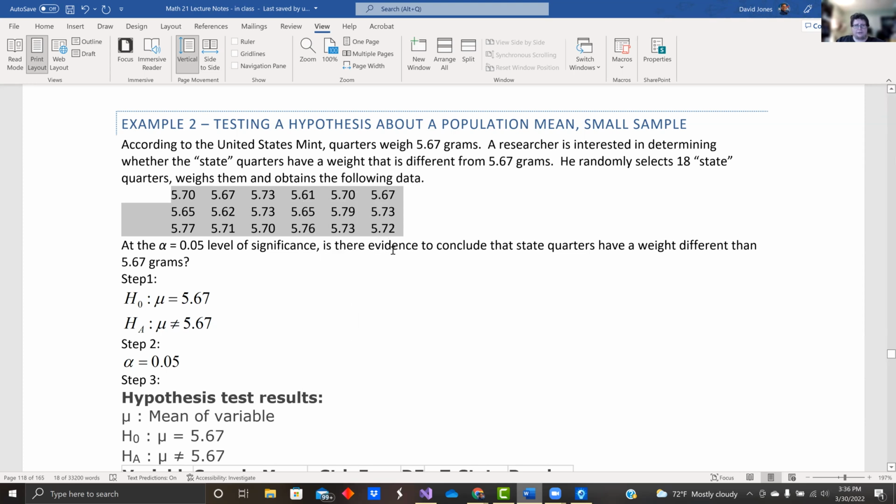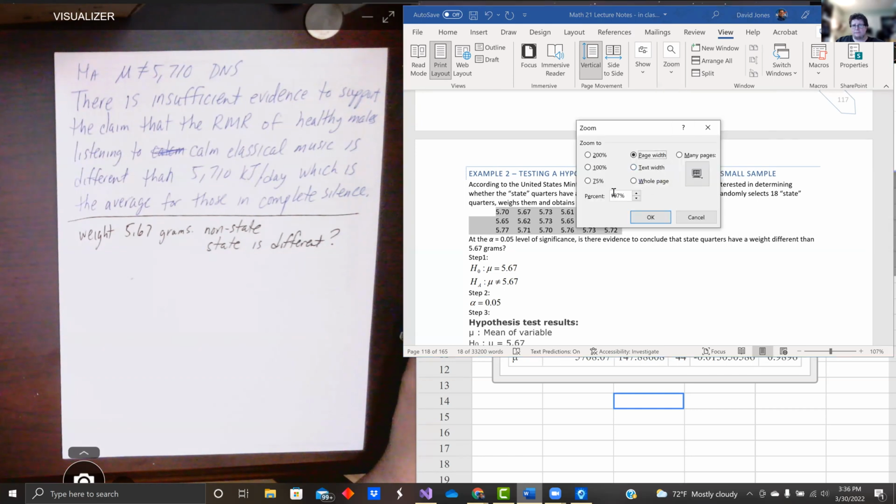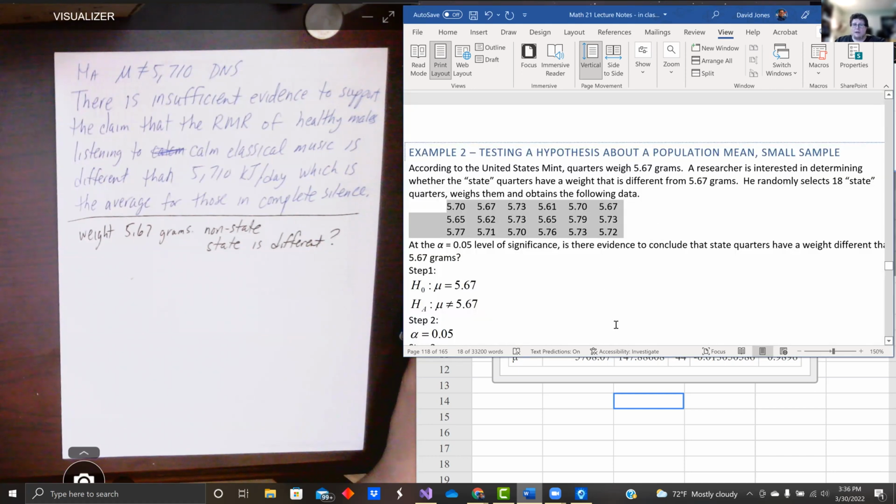What are we trying to conclude here? We are trying to conclude, do state quarters have a weight different?